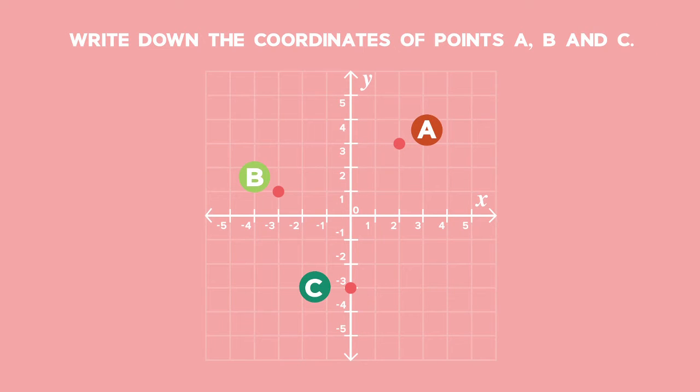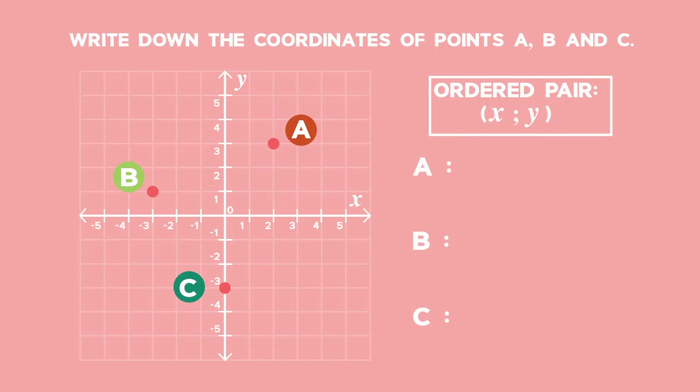Now remember, when you're writing down coordinates, we always have an ordered pair that starts with the x value followed by the y value. So when we look at the point A on the Cartesian plane, if I draw a line down from A to see where it cuts the x-axis, we see that it cuts at 2.